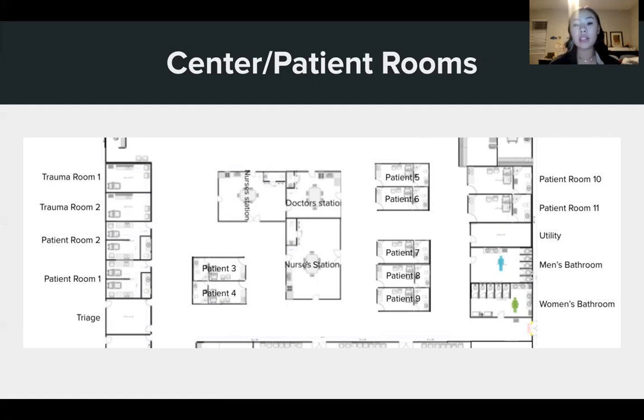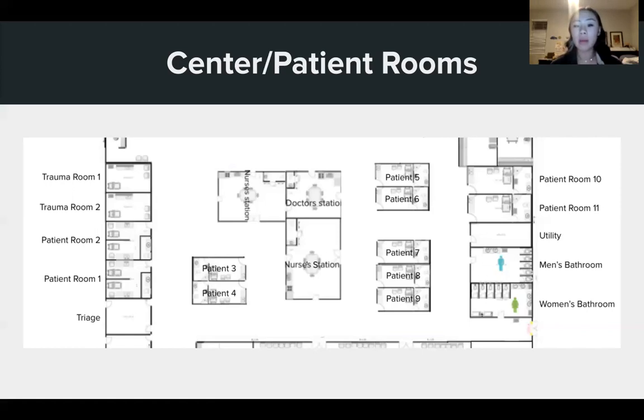This area also contains the standard patient rooms for patients that are not in critical condition, which will include a bed, other necessary medical equipment, and bathrooms that improve comfort and the quality of patient experience.